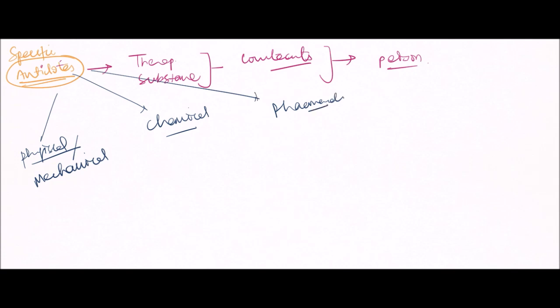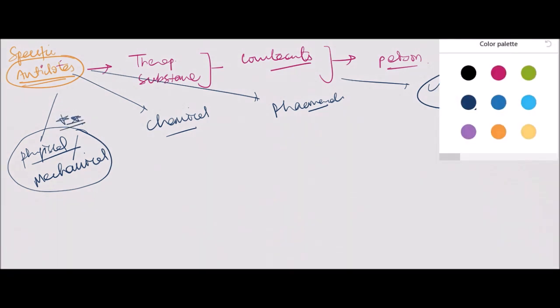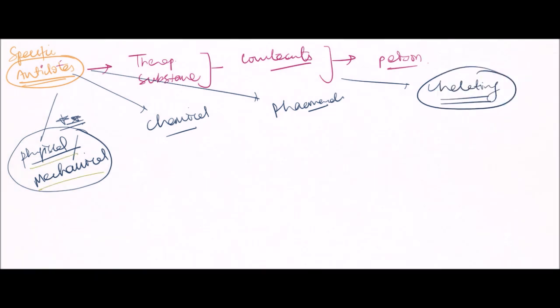The list is long, and sometimes chelating agents are also very useful in various poisonings. One of the most important topics for the PG as well as the UG examination is the physical and mechanical antidote.